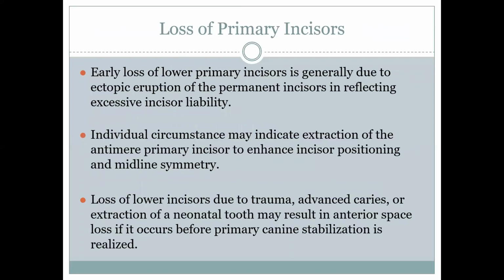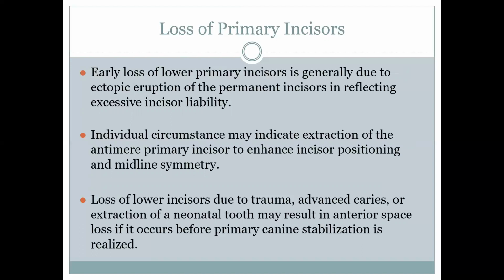Now a word about early loss of primary teeth. Primary incisors: this generally is due to ectopic eruption of the permanent incisors, reflecting excessive incisor liability. Individual circumstances may indicate extraction of the anterior primary incisor to enhance incisor positioning and midline symmetry.